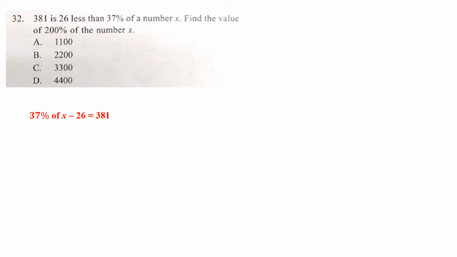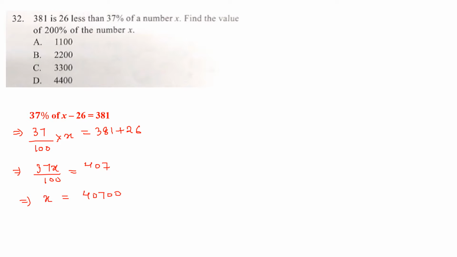So 37% means 37 by 100 multiplied by x equal to 381 plus 26, right? Now 37x by 100 will further be equal to 381 plus 26, which gives you 407, and the value of x is going to be 407 multiplied by 100 divided by 37, and when you divide it you are going to get your answer as 1100.